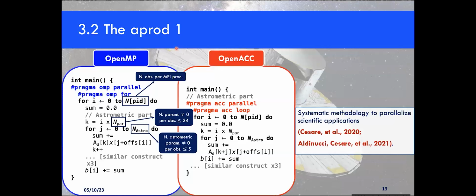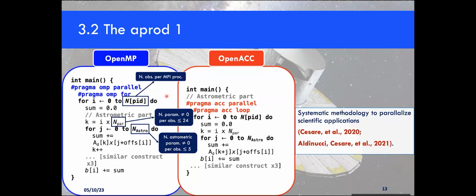This porting with OpenACC was a preliminary porting, so a first-order porting to explore the feasibility of a GPU execution of this code. Here we can see a comparison of the prod1 region for the astrometric part of the OpenMP and OpenACC codes. We can see that the structure is basically the same.